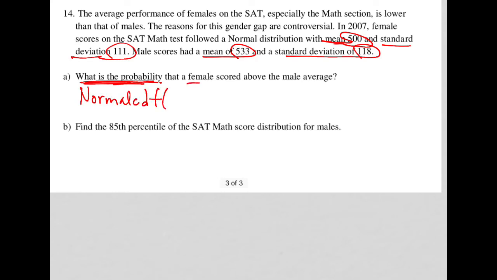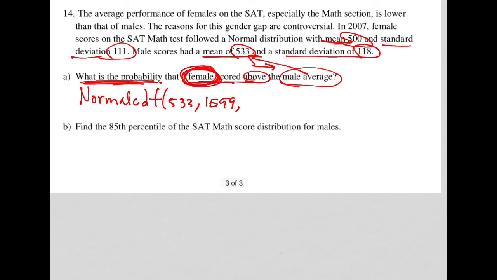Of a female scored, or that a female scored above, so I know that's to the right. So right there, I know my upper bound is positive infinity without even reading any further. The male average. Well, if they're scoring above the male average, it's 533. So that's my other bound. And we're looking at females, so make sure you use the female mean and the female standard deviation.